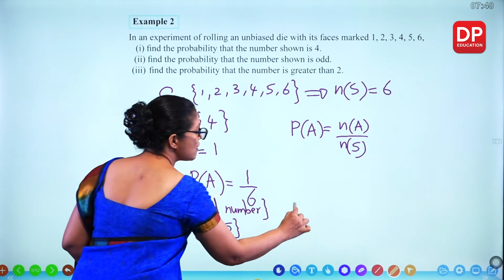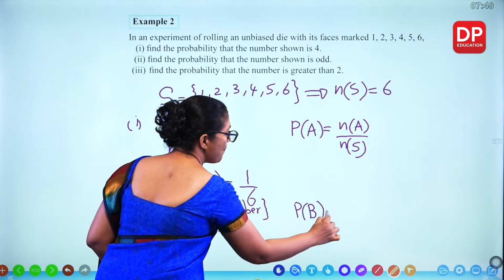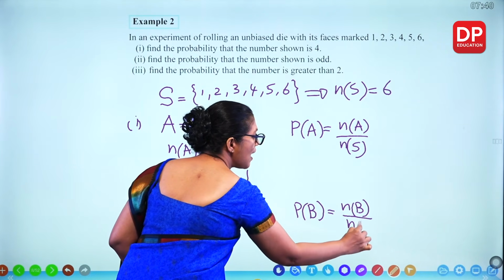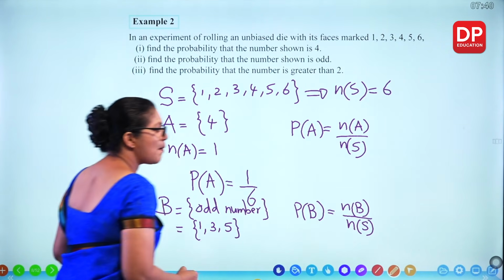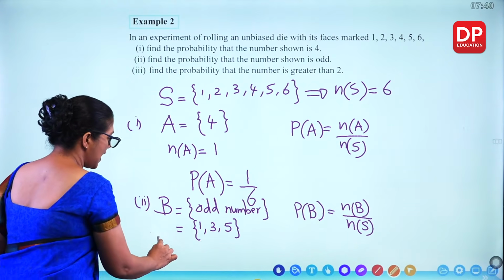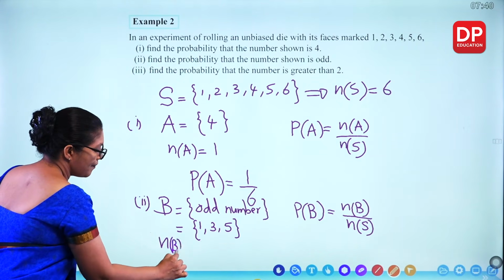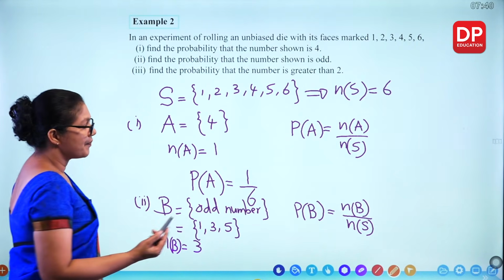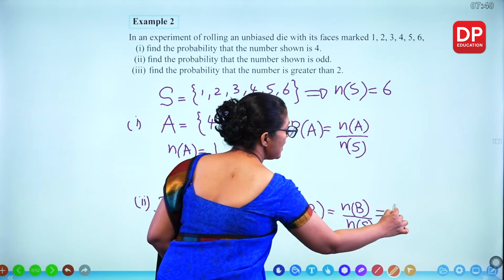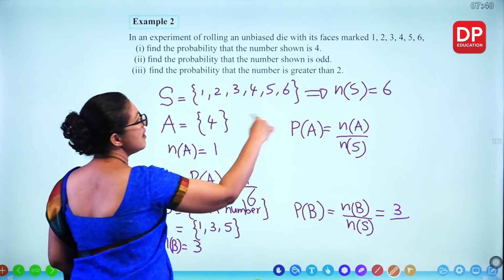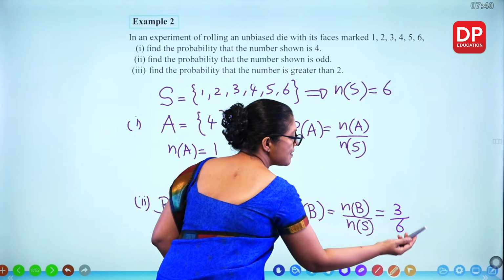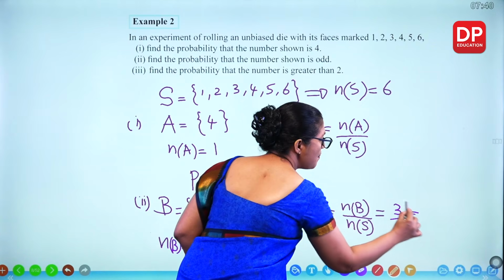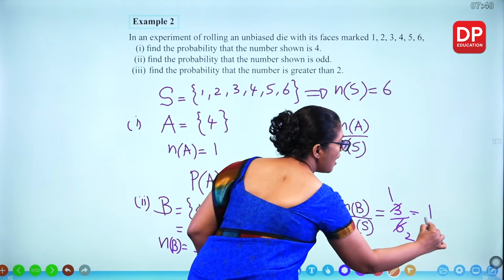Then what's the probability of getting B? NB, number of elements in B, divided by number of elements in the sample space. So what is NB? 1, 2, 3. 3 numbers are there. So calculate the probability. 3 over, altogether 6 is there. 3 over 6 you can simplify further. That becomes half.